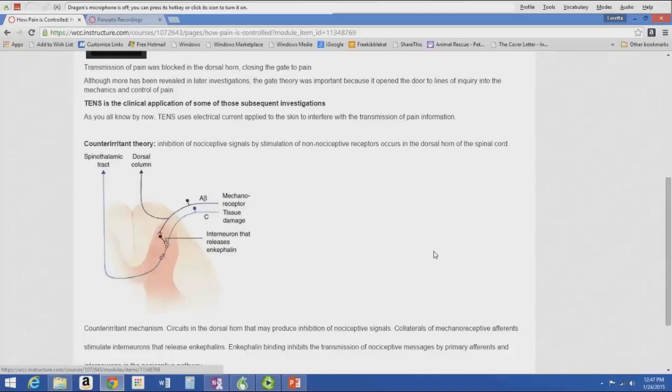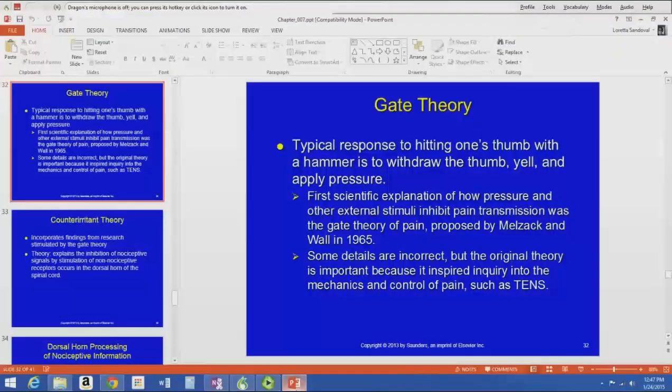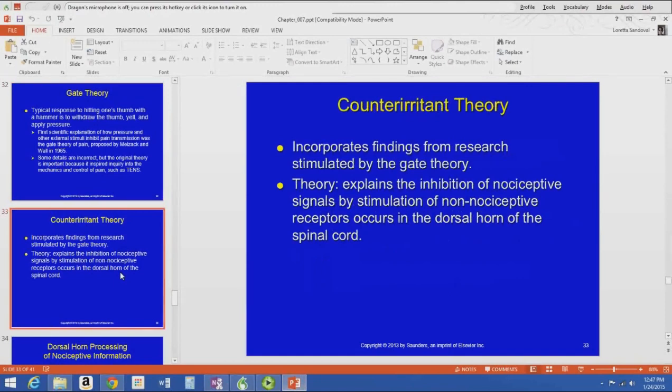So it's really nice to know that the stuff we're doing has an actual physical neural effect that can help people with their pain, which is kind of neat. Some of the details of the gate theory are not quite correct, but the original theory was important because it took us to the next level, which is the counter-irritant theory.